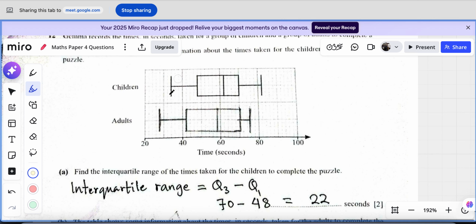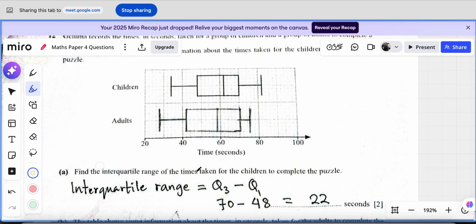This is the minimum value, this is the highest value. This is the lower quartile. This is the upper quartile. This is the median. For adults, they didn't give it, they will give us the information.